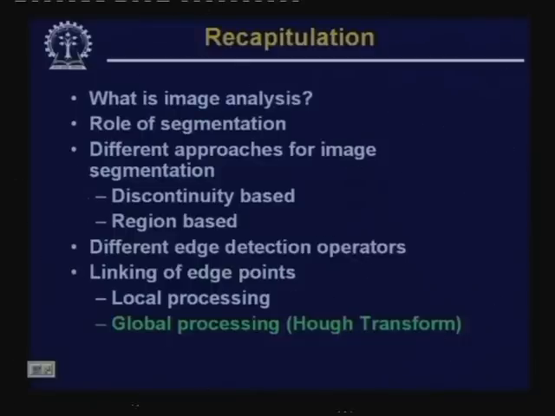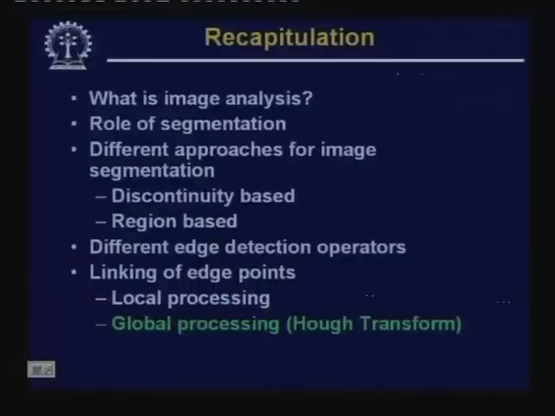But the problem we have discussed in this process is that because of illumination, if the illumination is non-uniform or if the image is noisy, the boundary points or edge points that we get after the edge detection operation are not continuous.